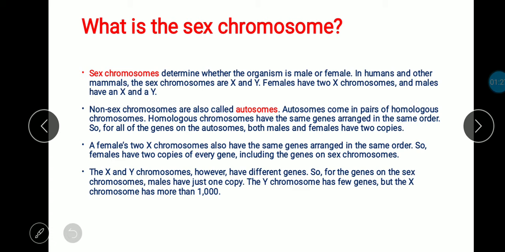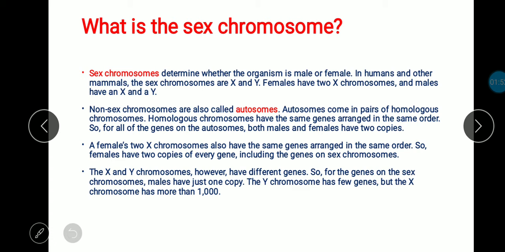In humans and other mammals, the sex chromosomes are X and Y. Females have 2 X chromosomes and males have an X and a Y. The non-sex chromosomes are also called autosomes.